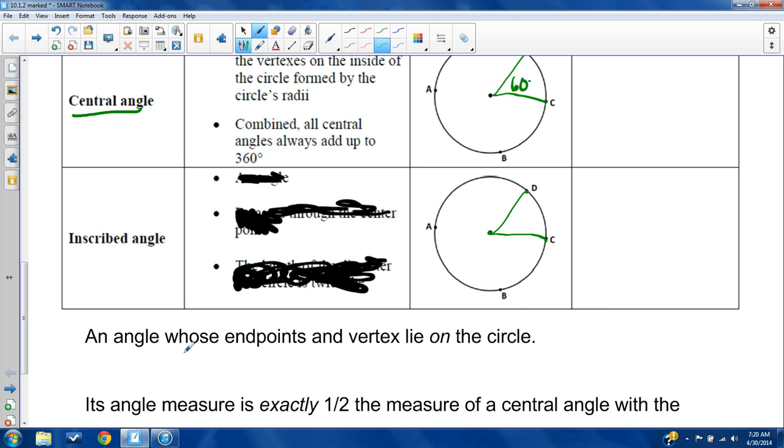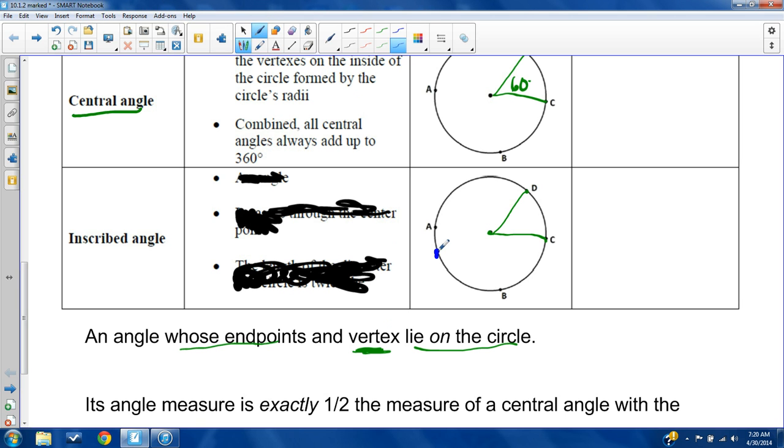Okay, so when it says an angle whose endpoints lie on the circle, this will be the same thing. So an inscribed angle has endpoints lie on the circle. Its vertex, though, also lies on the circle. So in a central angle, it lies on the center. In an inscribed angle, however, its vertex lies on the circle.